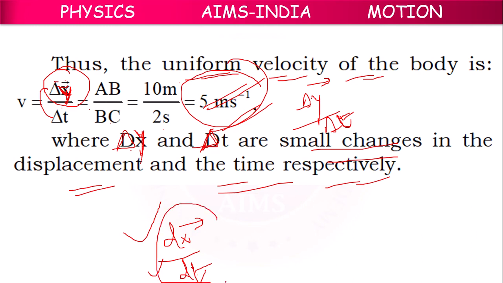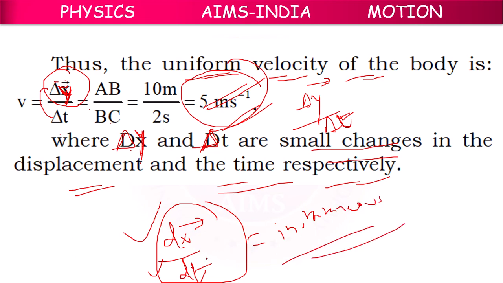This ratio is called instantaneous velocity, because if the time interval is very small, the velocity we get is the velocity at that instant.